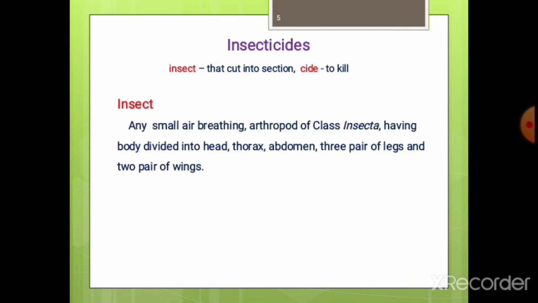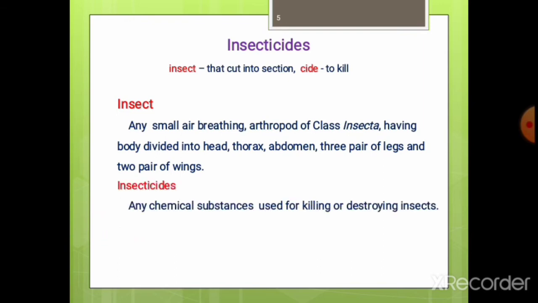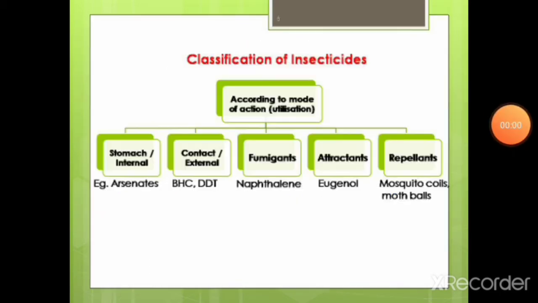Insect is any living organism or small air breathing organism which belongs to the class Insecta, having a body divided into head, thorax, abdomen, having 3 pairs of legs and 2 pairs of wings. This is the basic feature of an insect. And what is meant by insecticide? Chemical substances which are used for killing or destroying insects are called insecticides.